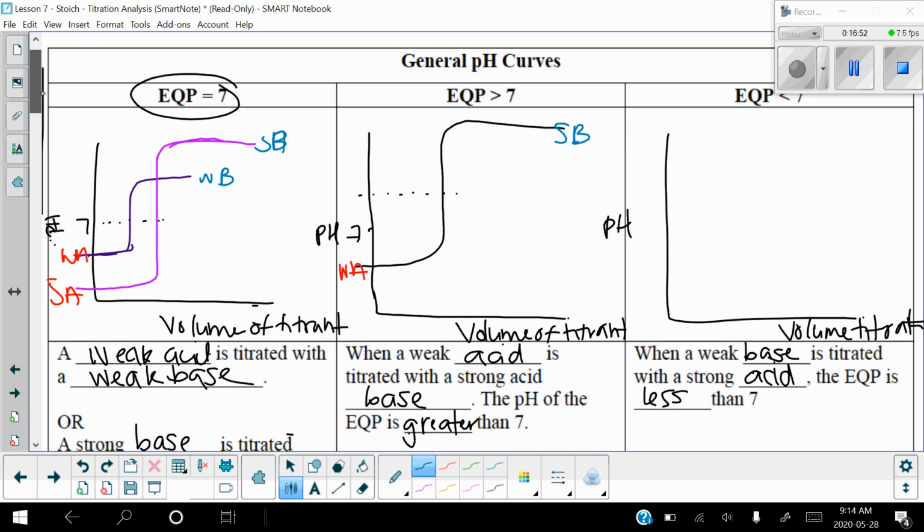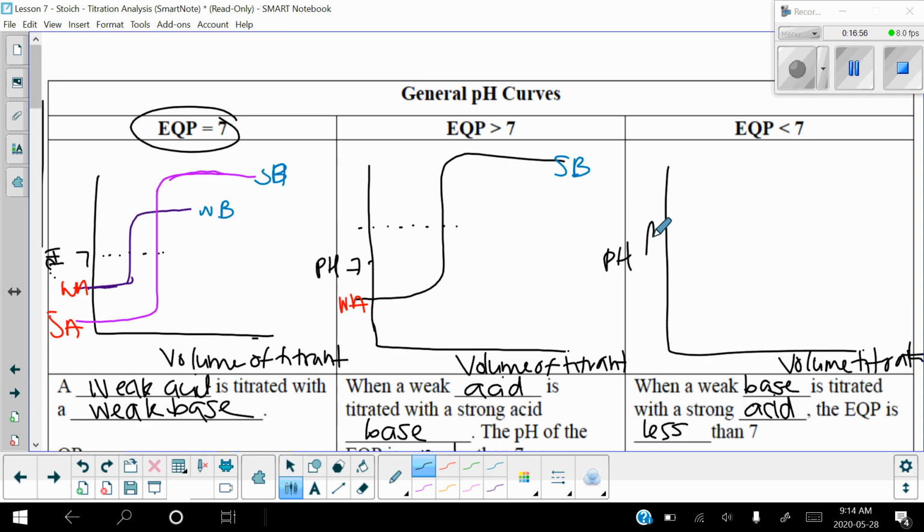Okay. So now we're starting off with a weak base. So here's my 7. You're starting off with a weak base. You're starting off up here. And then you draw the curve. So now we have a weak base titrating with a strong acid. And that's going to pull my equivalency point below 7.